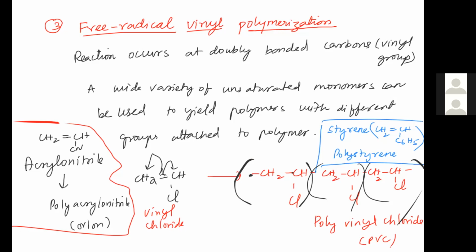Next, fourth one is copolymerization. This is the last technique. Copolymerization means, so far what did we discuss? We only discussed a single monomeric compound. It's forming a homopolymer, like same units.